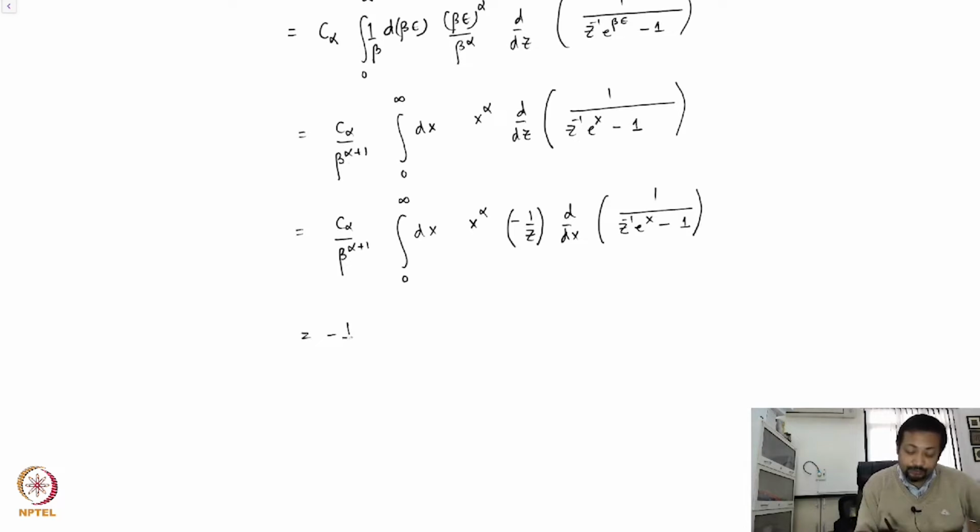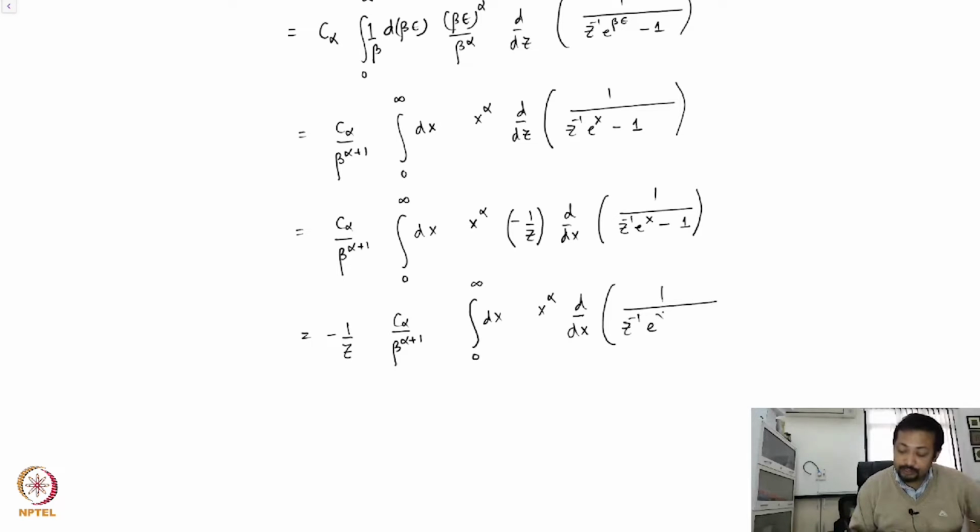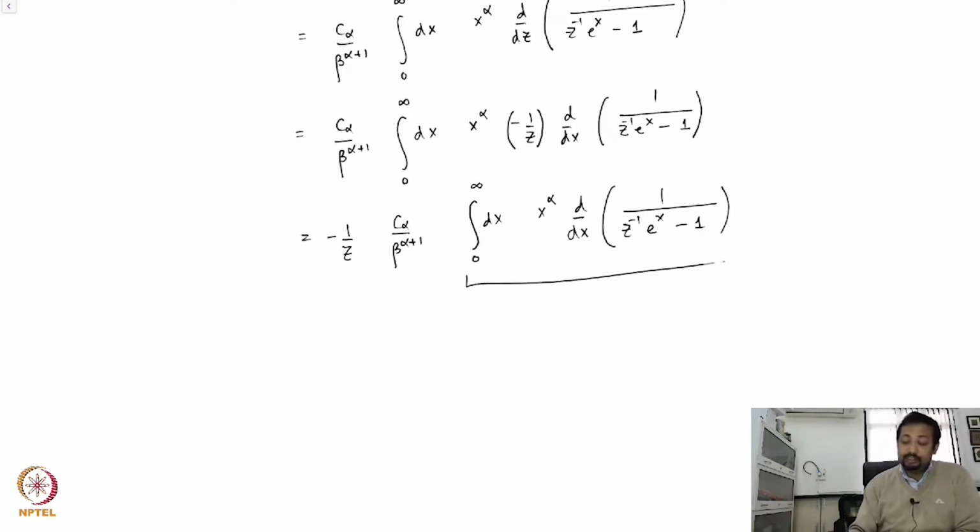So this becomes minus 1 over z C alpha beta alpha plus 1, 0 to infinity dx x to the power alpha d dx of 1 over z inverse e to the power x minus 1. Now we are familiar with such integrals.